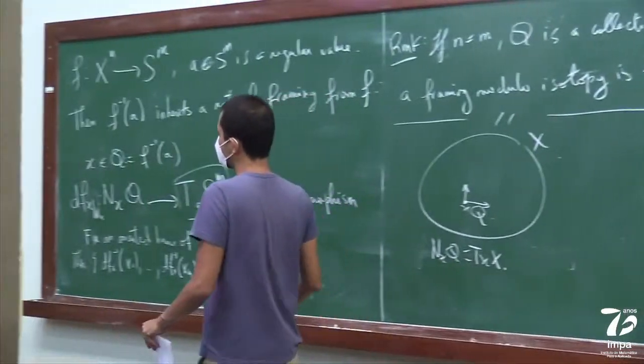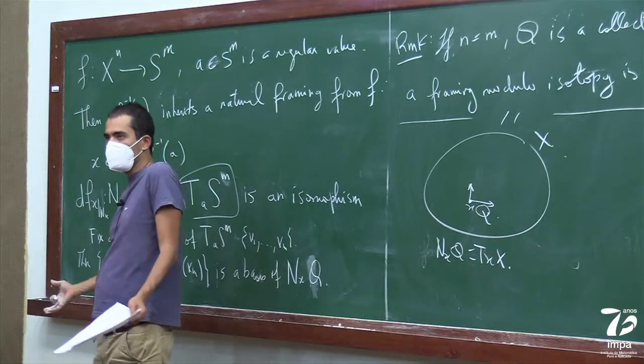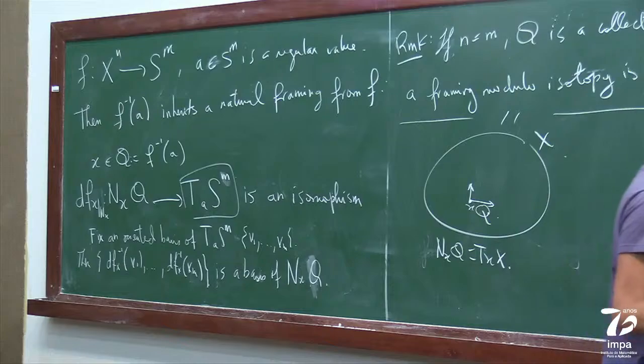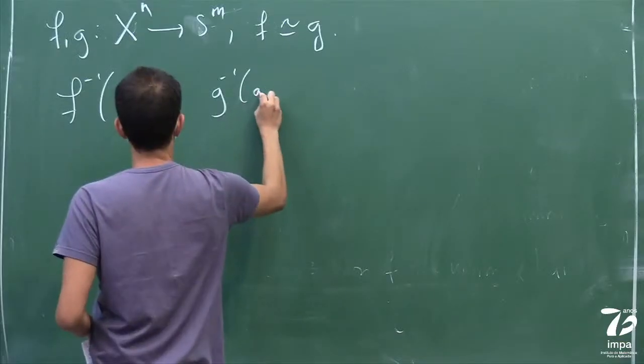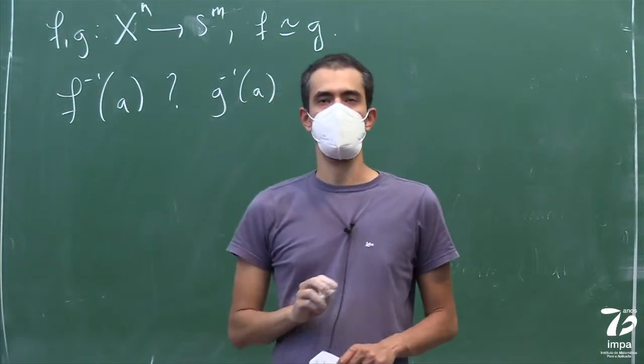Then we're going to have two homotopic functions, and we're going to have two submanifolds. And how are they related? So I guess that's kind of the question. So say that f and g are maps from X^n to S^m, and f is homotopic to g. Then what can you say about the pre-image of A under f and the pre-image under g? How are they related? What's the relationship?